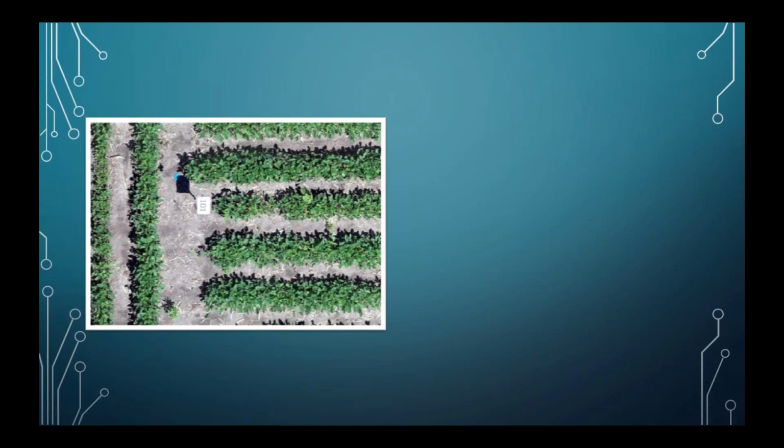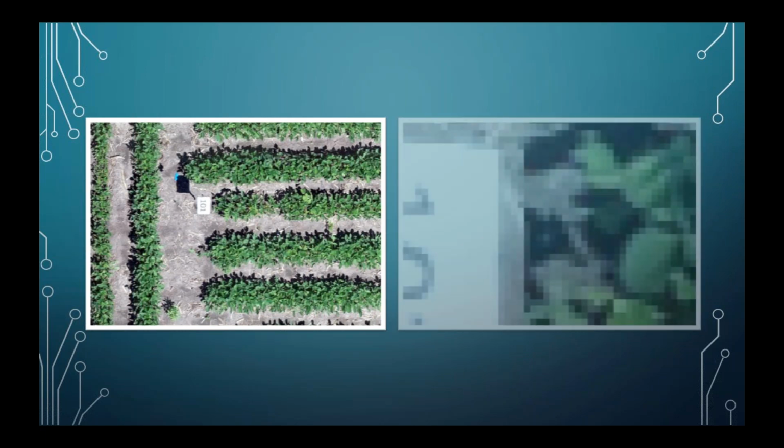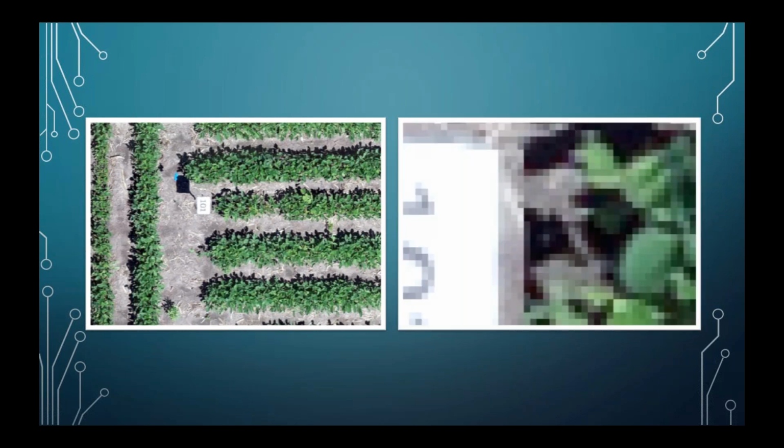But researchers need to get a little closer. And as I said before, we're able to do that with UAVs. So here's an image of a UAV flying about 30 feet above a soybean crop, above this plot. If we zoom in close enough, you start seeing all these pixels, and you have to zoom in a lot.